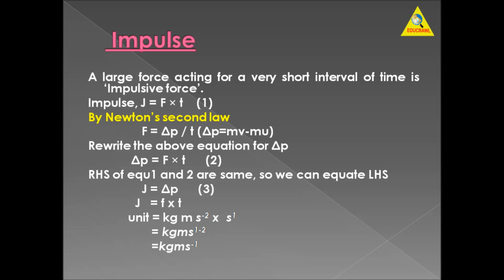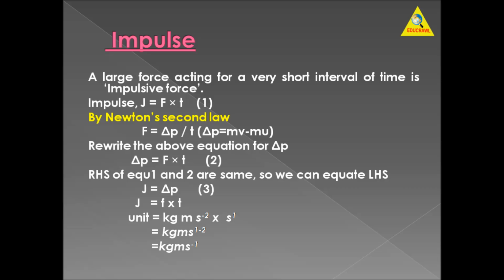Always del refers to any change. Here del P means change in P. P is nothing but the symbol for momentum. So del P refers to change in momentum. Now del P is equal to F into t. This is equation 2. Consider equation 1: J is equal to F into t. Now closely observe equations 1 and 2. In equations 1 and 2, the RHS are the same.